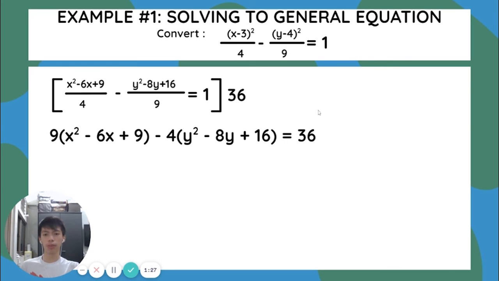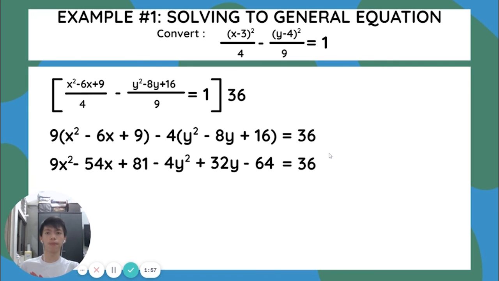Second, we will multiply this, which will be 9x squared. 9 times negative 6x will be negative 54x. 9 times 9 is positive 81, negative 4y squared, negative 4 times negative 8y will be positive 32y, and then negative 4 times 16 would be negative 64 equals 36.